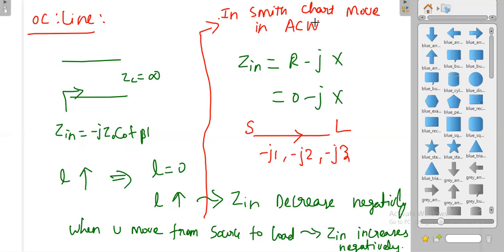Now we have come to some conclusion. Whenever you go from load to source, you move in a clockwise direction. If it is of opposite nature, then you move in an anti-clockwise direction.